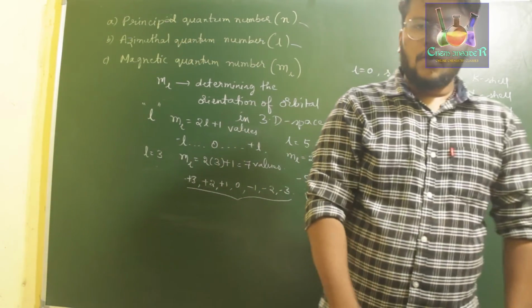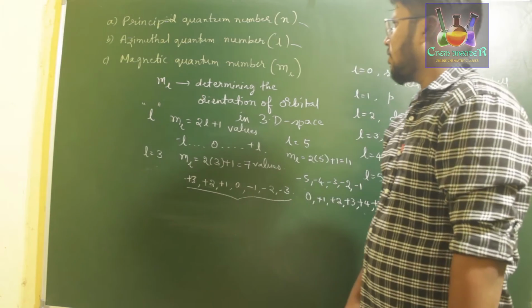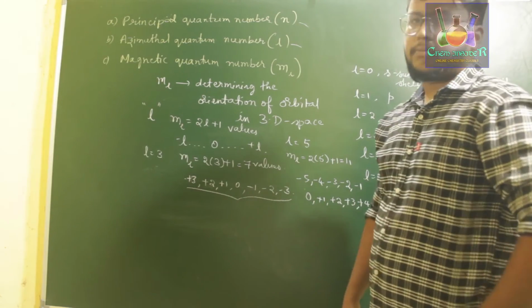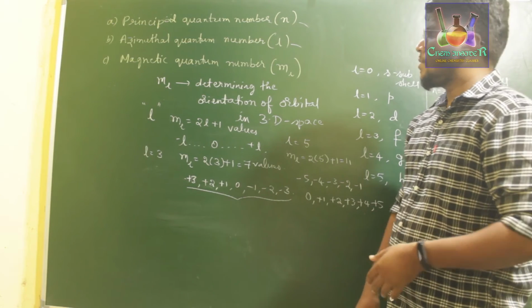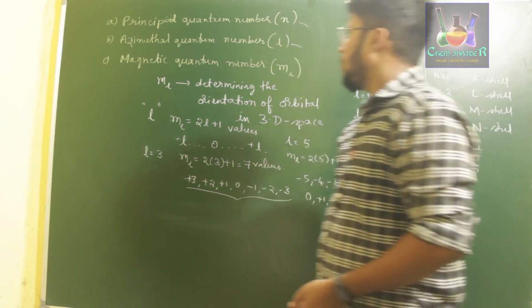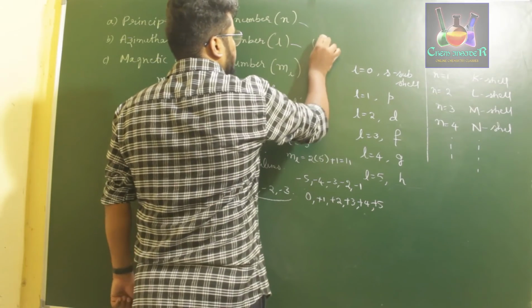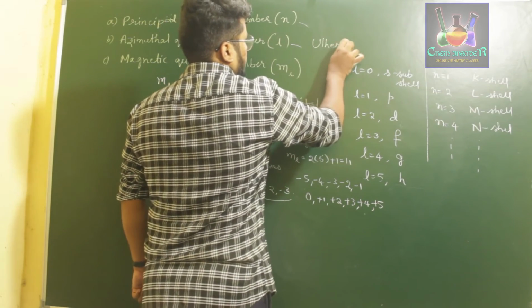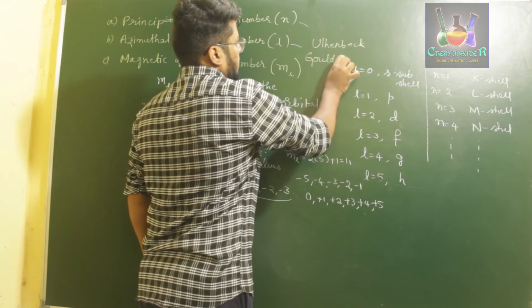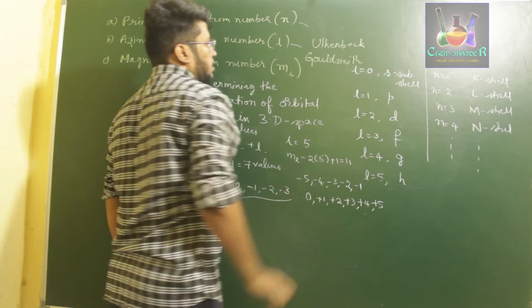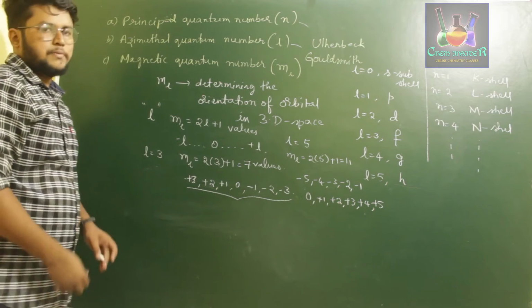Later, when scientists came across these 3 quantum numbers, in later years, it was observed that the scientists Uhlenbeck and Goudsmit said that there aren't just 3 quantum numbers.